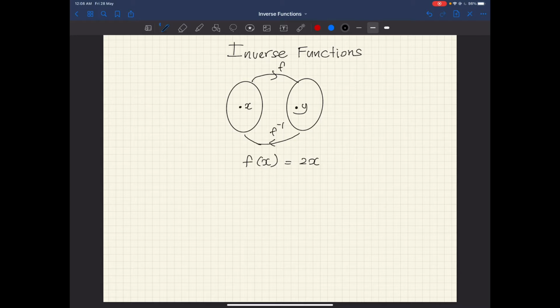Let's say this is your object, this is your image. So let's say you have an object of 2, then your image will be 4.